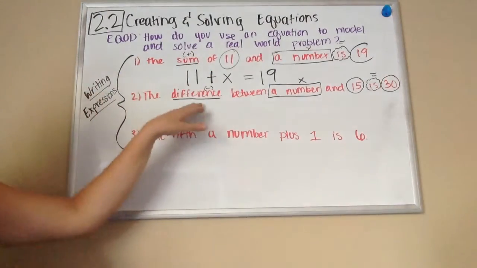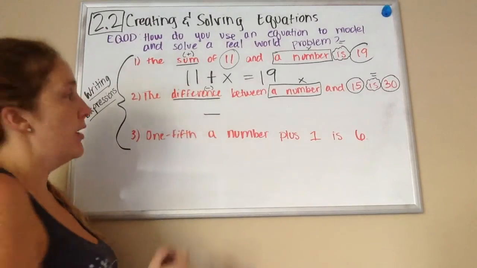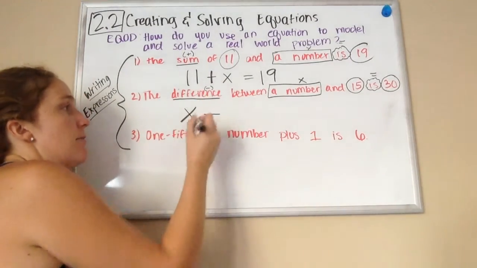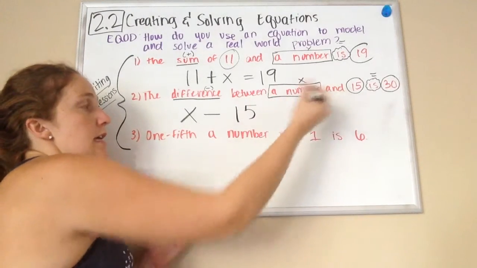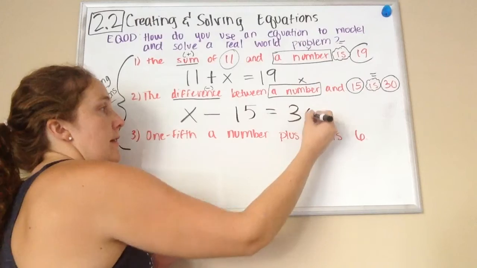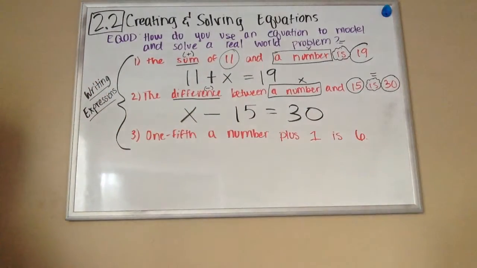Perfect. So the difference, subtraction, between a number and 15 is 30. Basically, as we read every word, we're writing it into this equation.